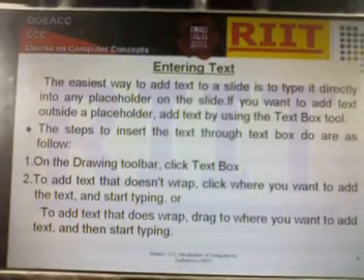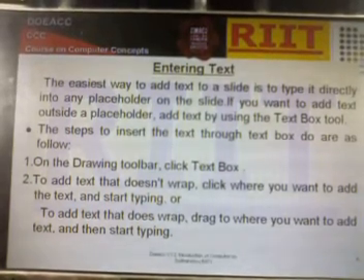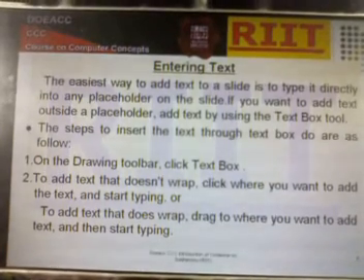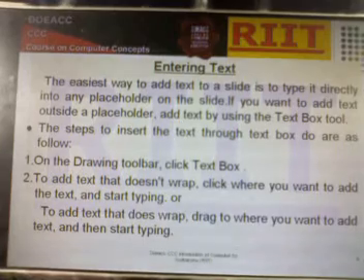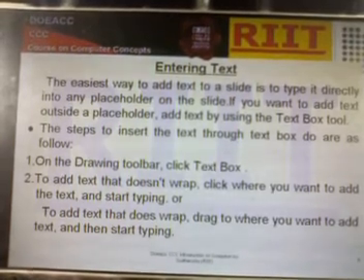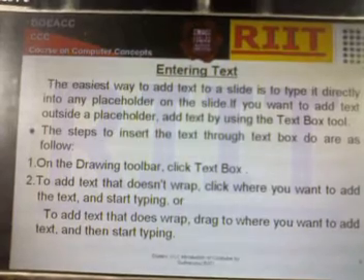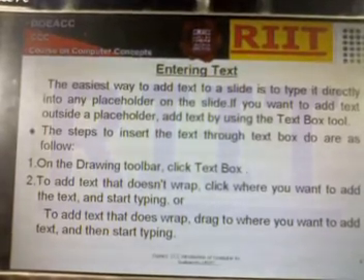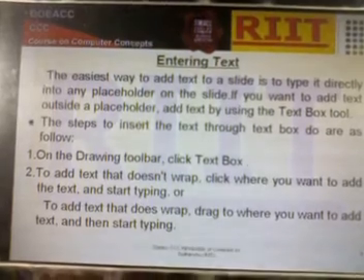On the drawing toolbar, click text box. To add text that doesn't wrap, click where you want to add the text and start typing, or to add text that wraps, drag to where you want to add text and then start typing.